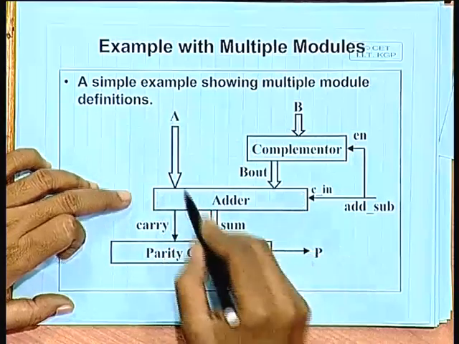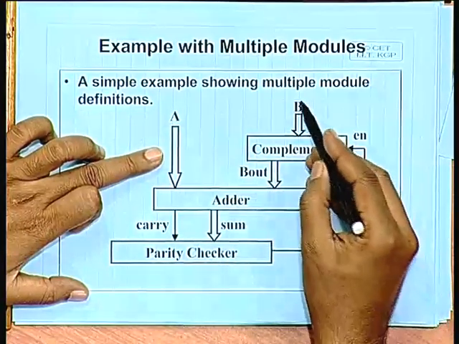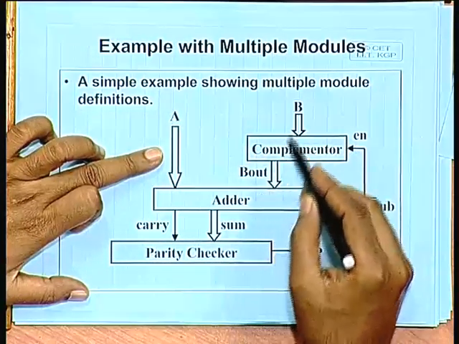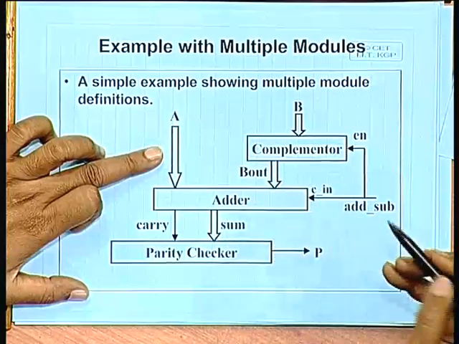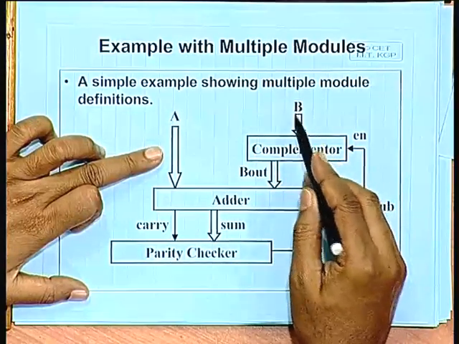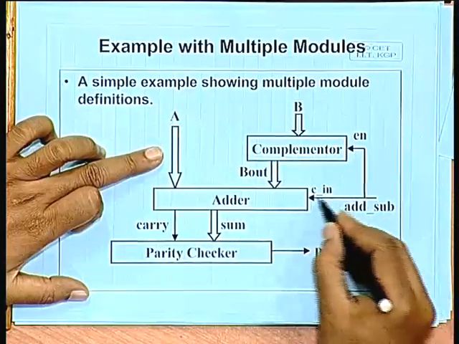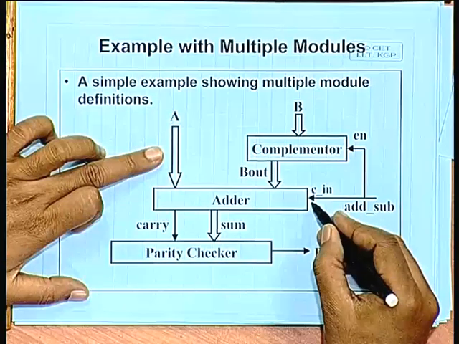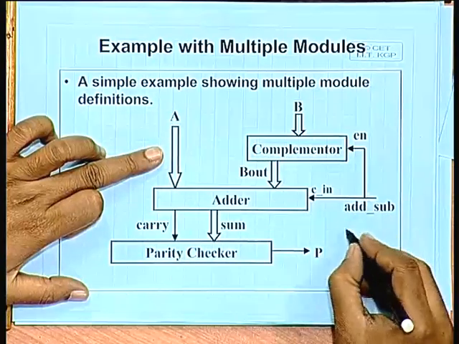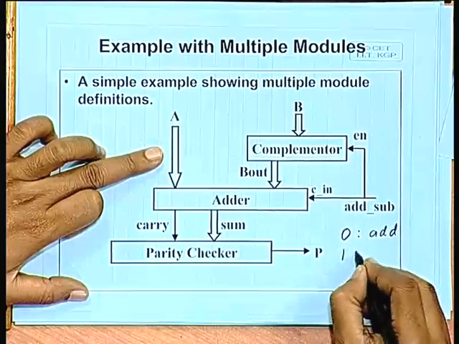Now, the adder will be taking A as one of the inputs and it will be taking either B or the complement of B as the other input. Well, not really 2's complement, it is actually 1's complement. And this add sub control signal, if it is 0, means add, and 1 means subtract.